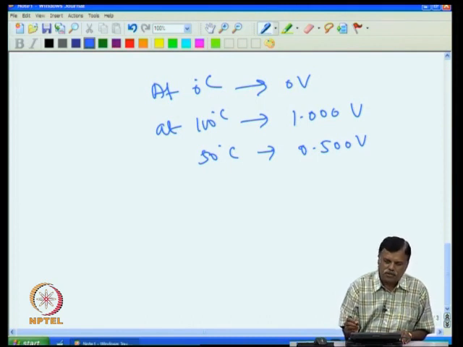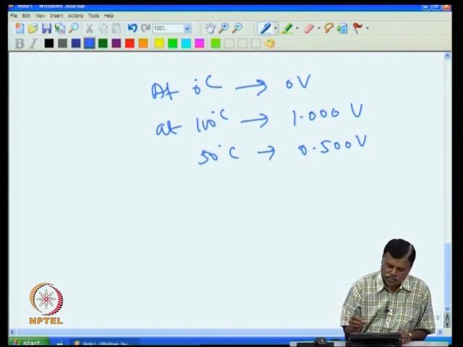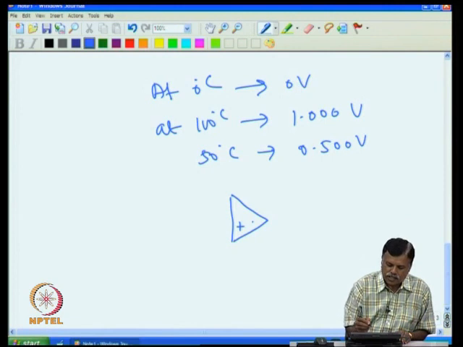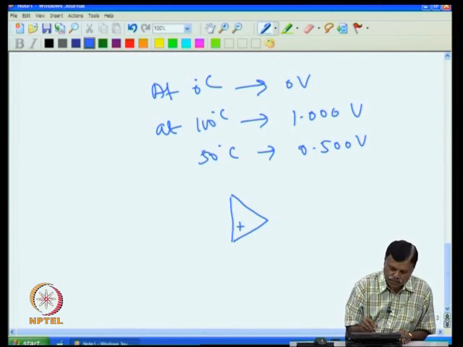What I do is I use the operational amplifier, and then I can do this job in a simpler way. I know the operational amplifier can be used as a non-inverting amplifier. In that case I will give a voltage here, and then I give the resistance here. This you have already studied in your earlier class.